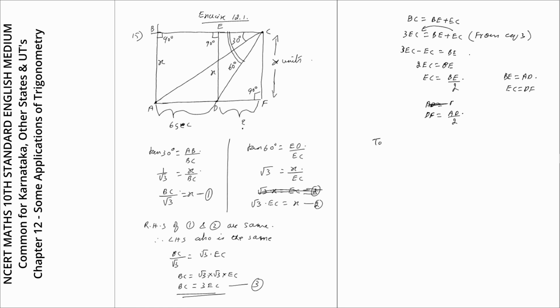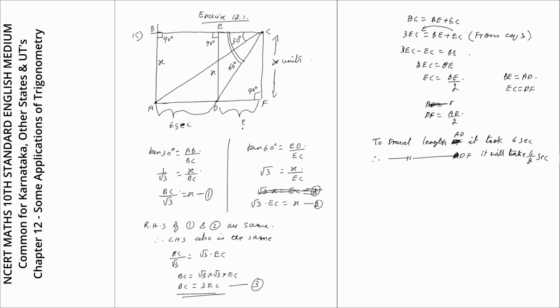To travel length AD took 6 seconds. Therefore to travel DF, it will take half of it, 6 by 2 seconds.